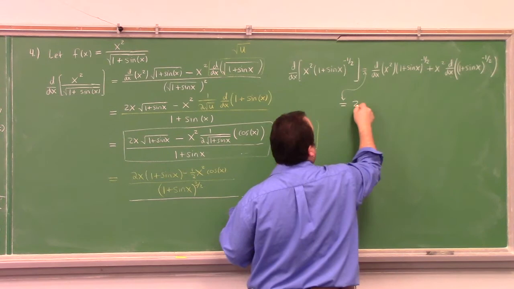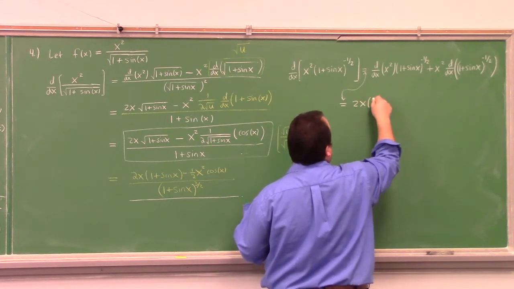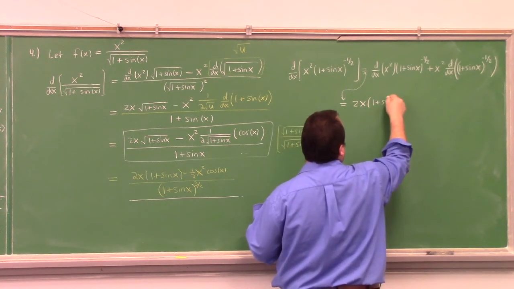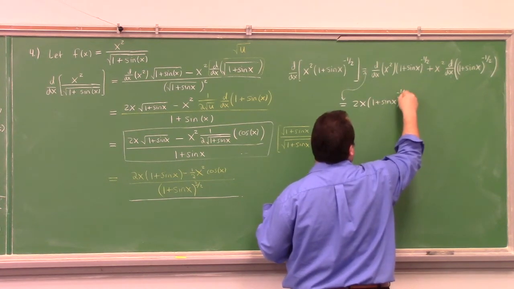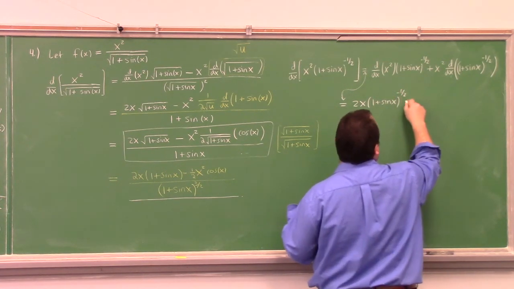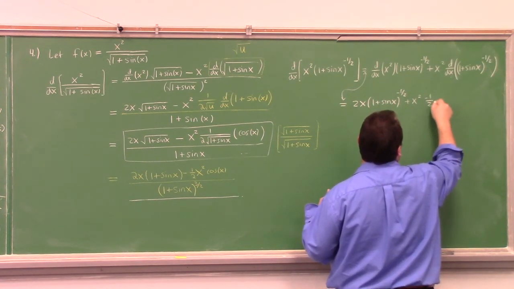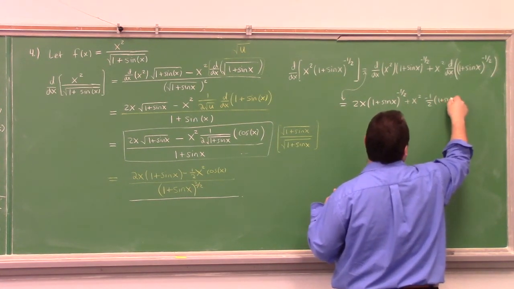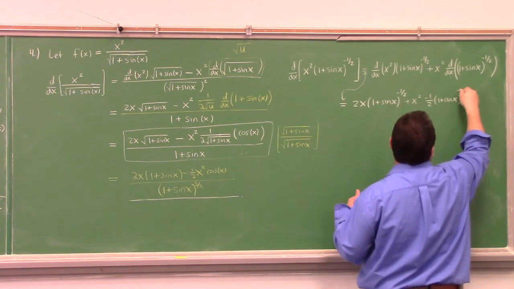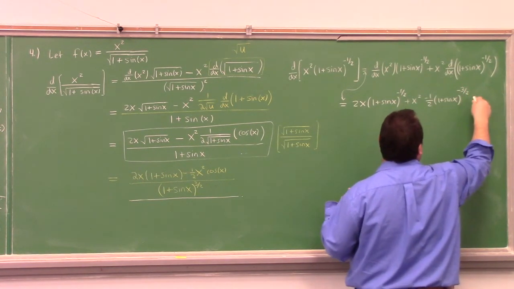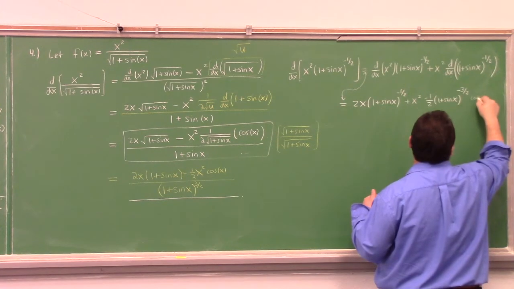And that is going to give me 2x times 1 plus sine x to the minus 1/2 power plus x squared, power rule, minus 1/2, 1 plus sine x to the minus 3/2 times cosine x.